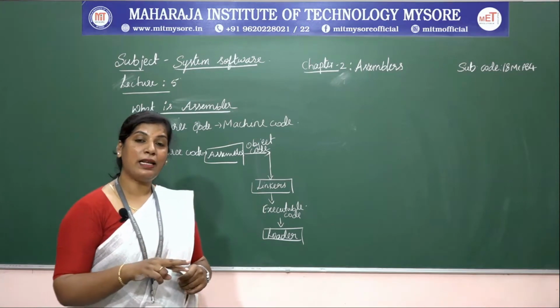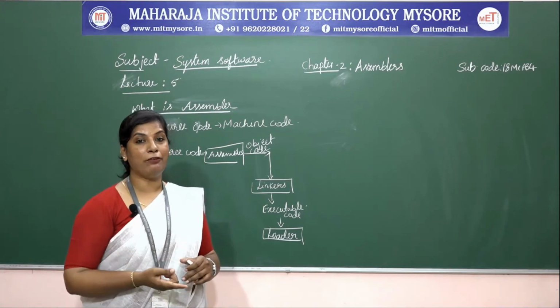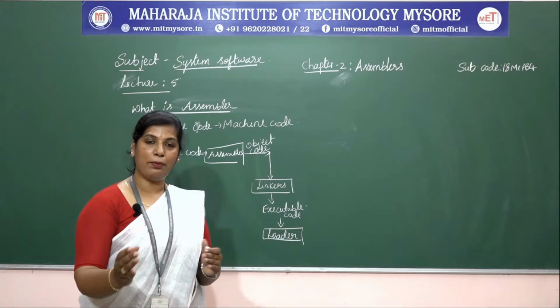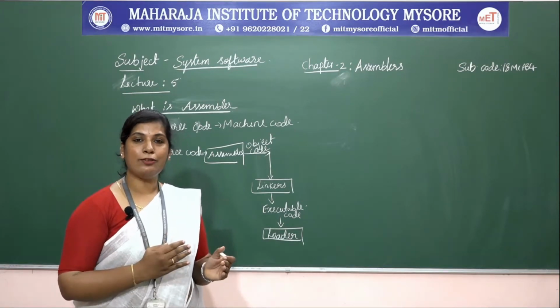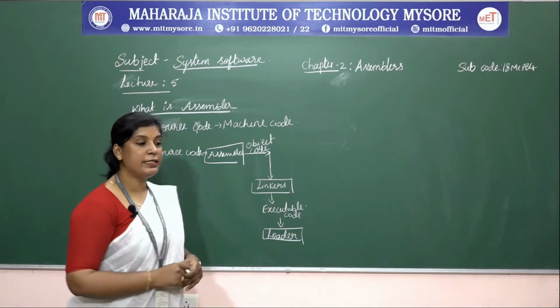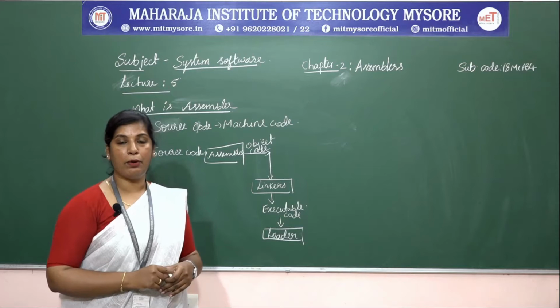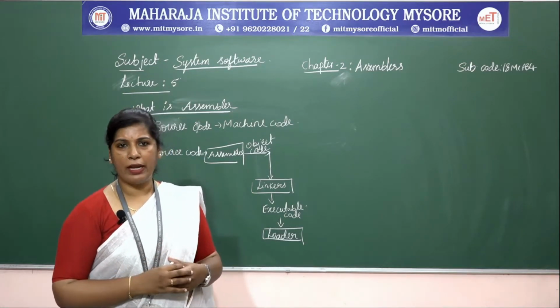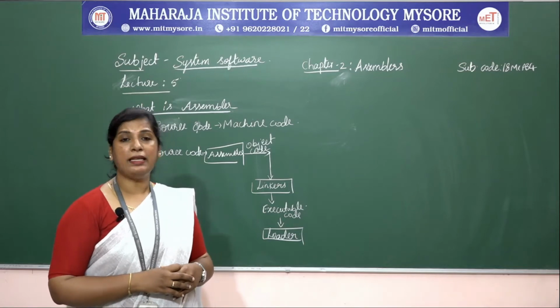That assembly level language code is converted into object code by an assembler. This is how the program undergoes different processes before execution. First, in this session, we are going to discuss the main task of an assembler. Let me take a simple example program.